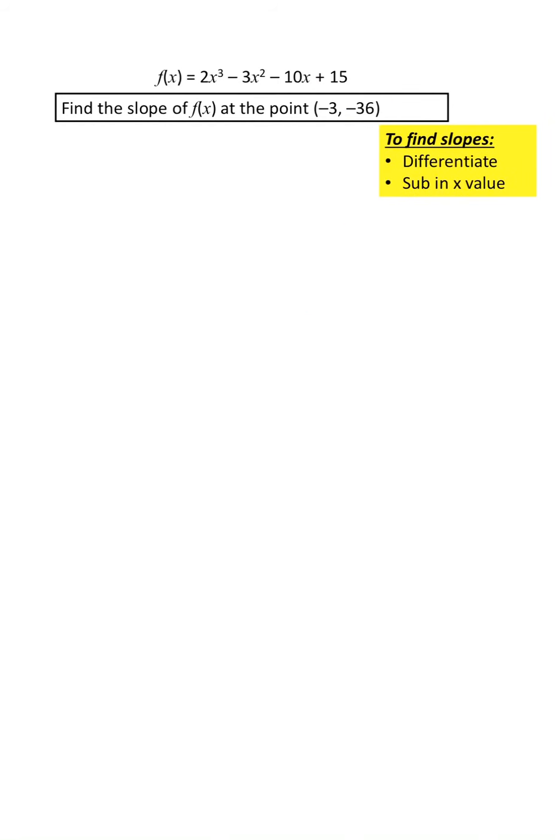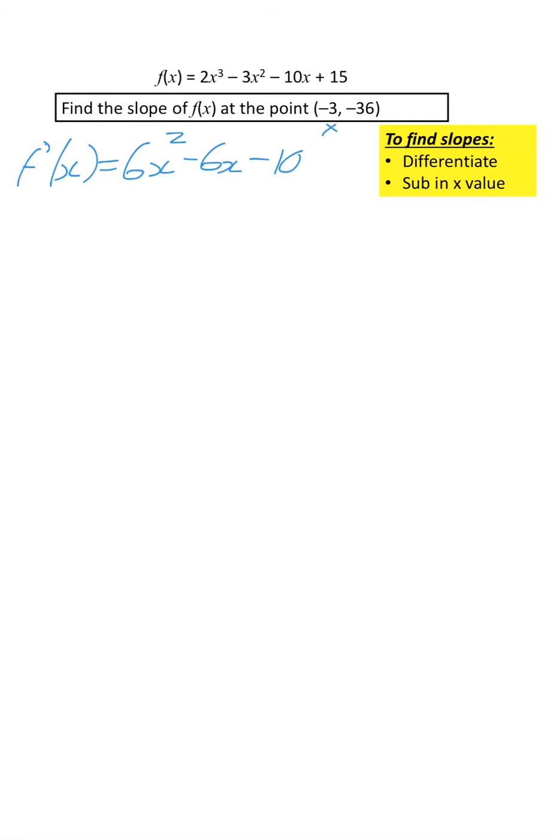Okay, so this question, we need to find the slope of f of x at the point minus 3, minus 36. So again, let's differentiate. So we're going to have 6x squared minus 6x minus 10. Now, it's at the point minus 3, minus 36.